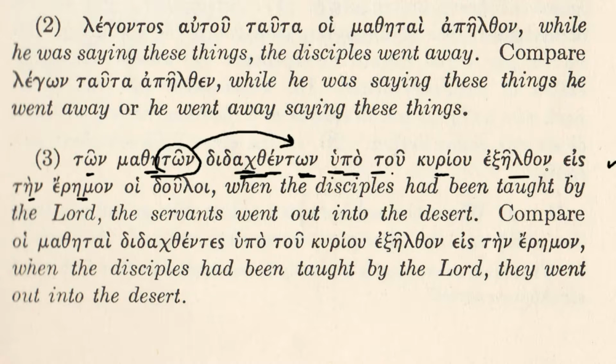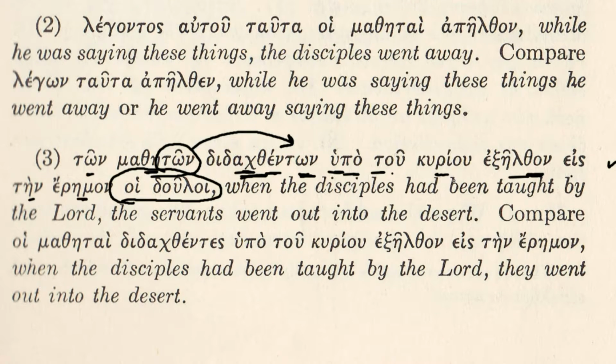absolute phrase. The disciples, having been taught by the Lord, then the subject of exelthon, I'm tempted to make it the disciples, but it can't be that because, of course, it's a genitive absolute, so I need a subject from elsewhere. Lo and behold, I see my nominative subject here is in the very last position in the sentence, but that doesn't matter.